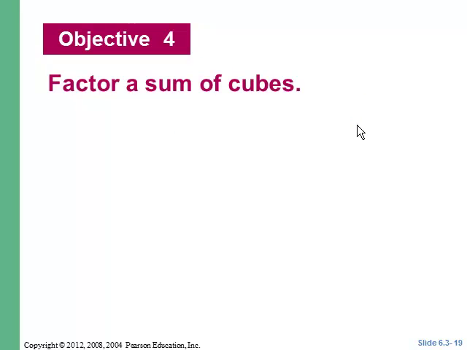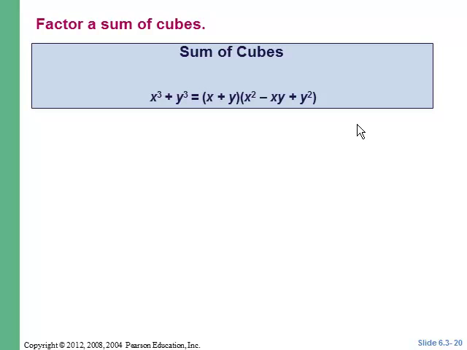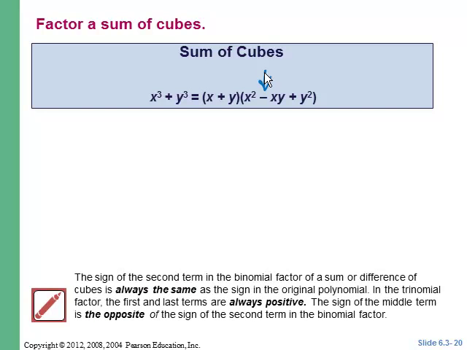If it's a sum of cubes, you factor it the exact same way. The only difference is where the negative sign is. The sign of the second term of a sum or difference is always the same as the original polynomial. This always matches this.